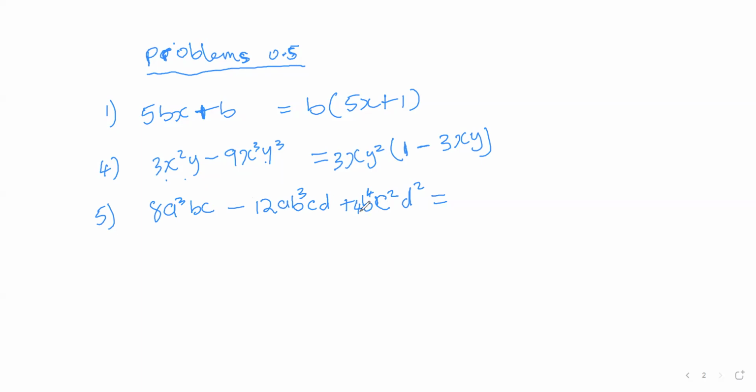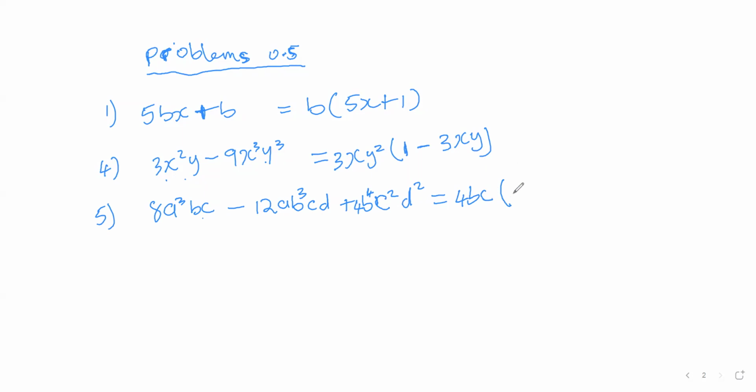So b is a common factor. 8 contains 4, 12 contains 4, and this one also contains 4. So 4b can already be outside. What else should be outside? This term contains c, this term contains c, this term contains c.